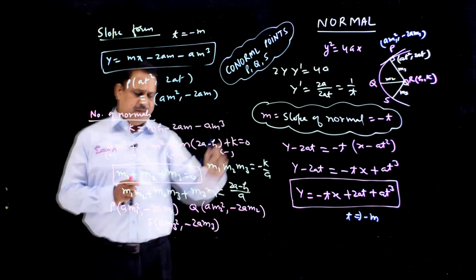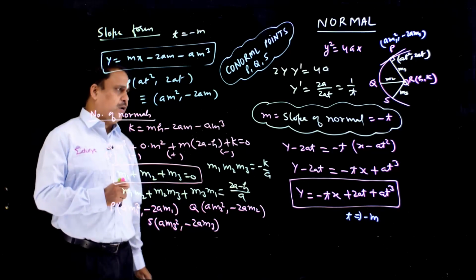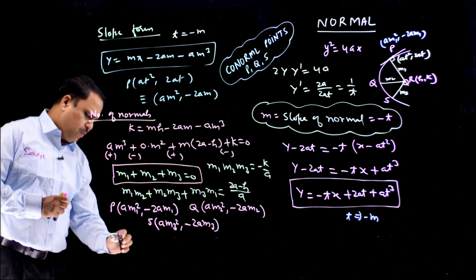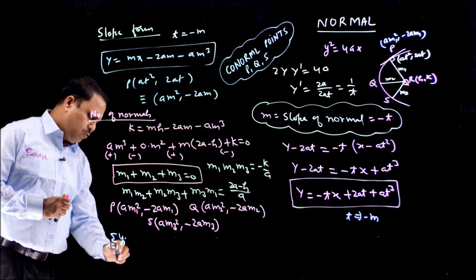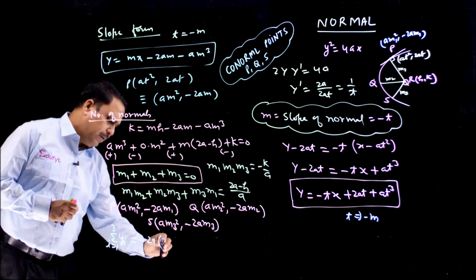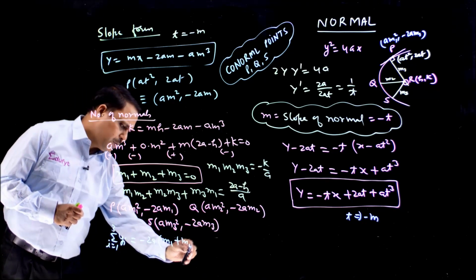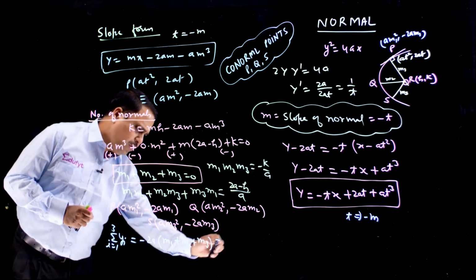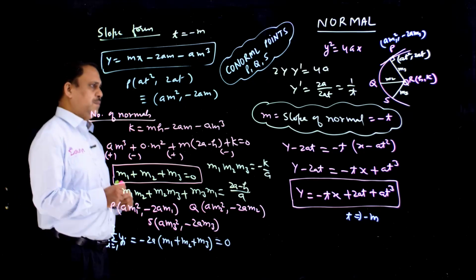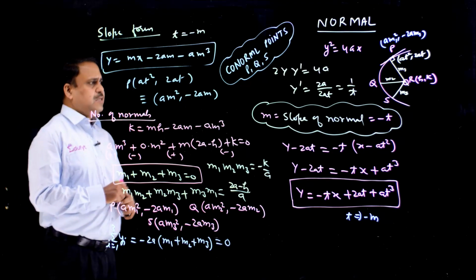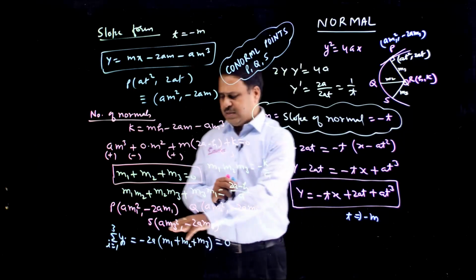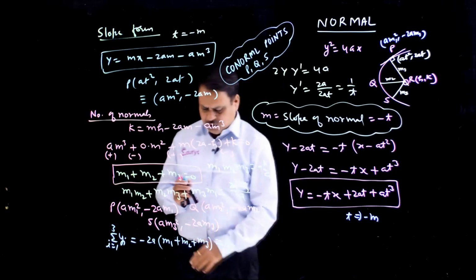So their ordinates, y1 plus y2 plus y3, the sum of ordinates, summation of yi, i equal to 1, 2, 3, that means minus 2a, you can take common, m1 plus m2 plus m3. This will always be equal to 0. So the sum of y coordinates will always be equal to 0. That means the sum of ordinates of conormal points will always be 0. So y1 plus y2 plus y3 is equal to 0.